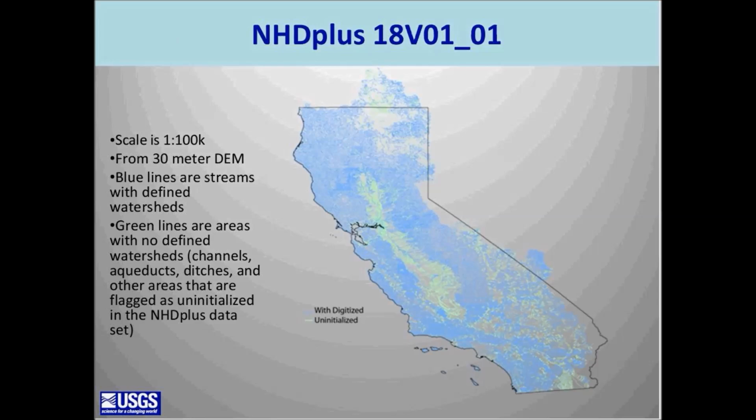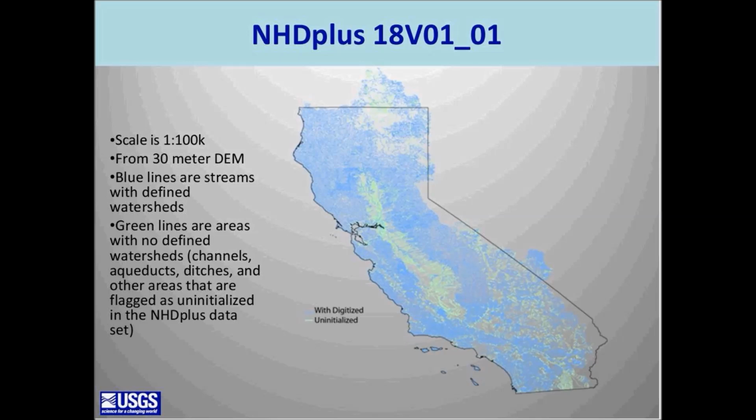So our model, SPARROW in general, depends on the NHD Plus data set. We can think of it as the blue line for the model. The NHD Plus data set is at the 1 to 100K scale, based on a 30-meter DEM. And the NHD Plus data set is divided into two types of streams.